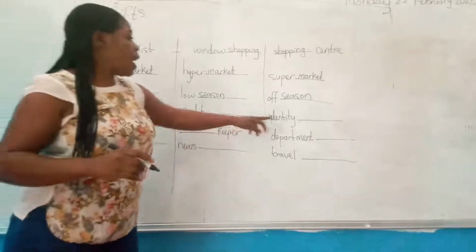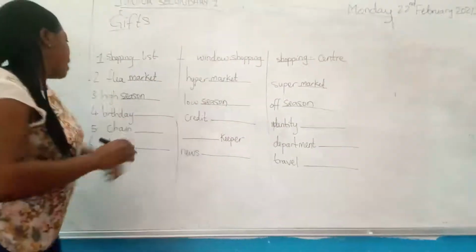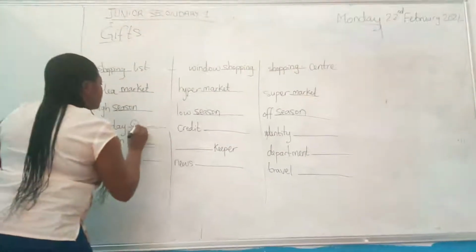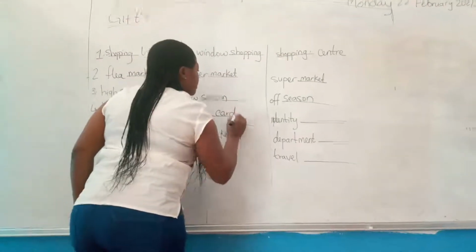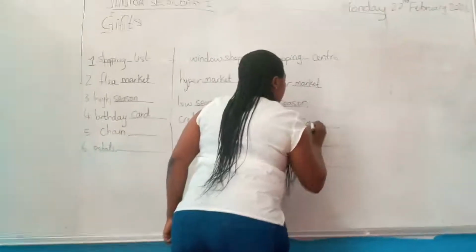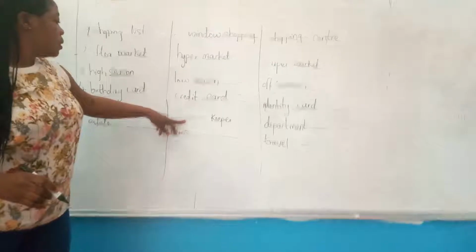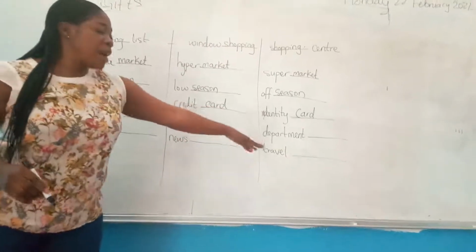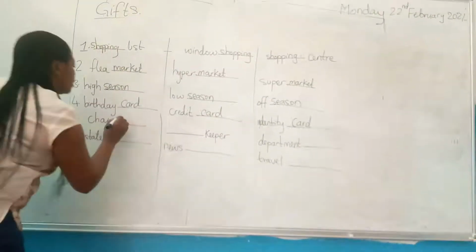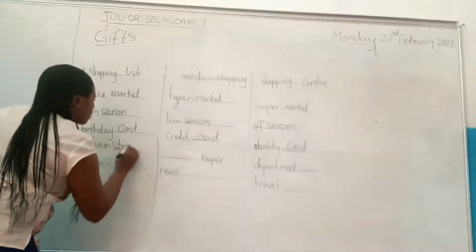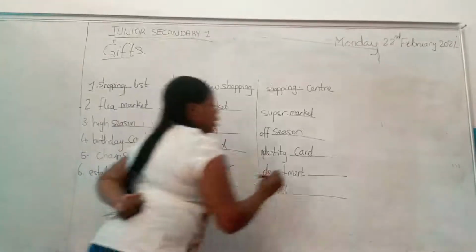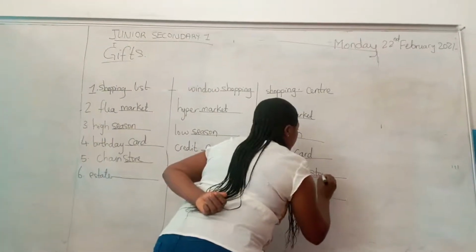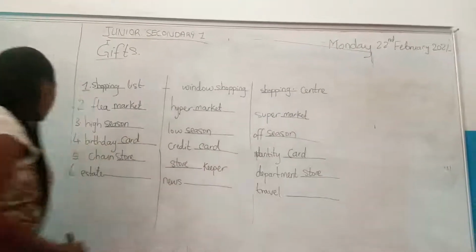Birthday, credit, identity. Card, I guess. Birthday card, credit card, identity card. Chain, keeper, department: chain store, storekeeper, and department store.